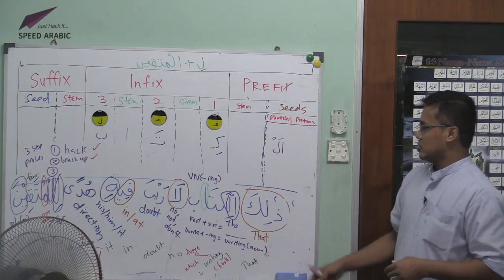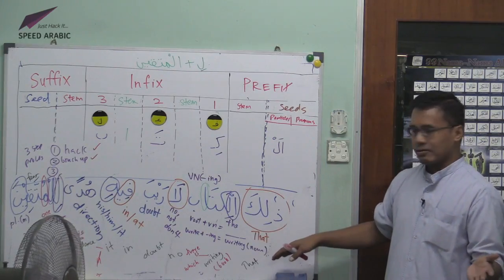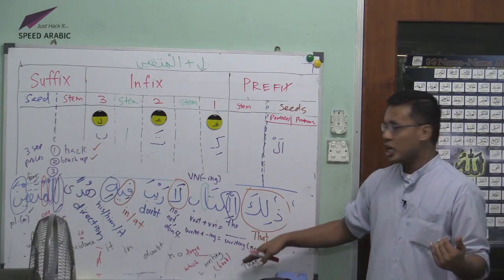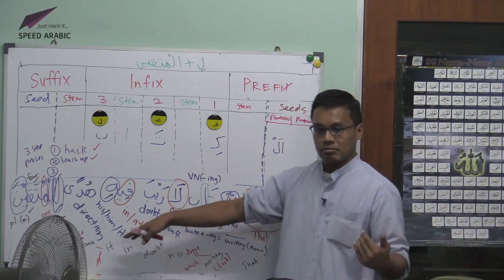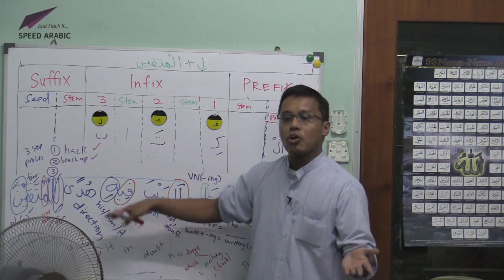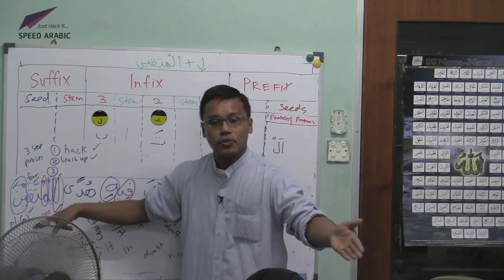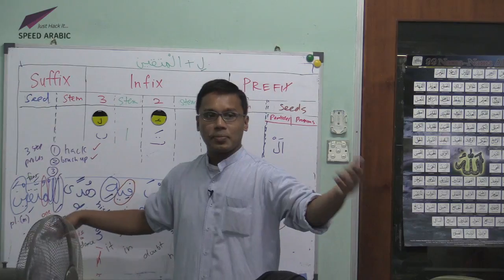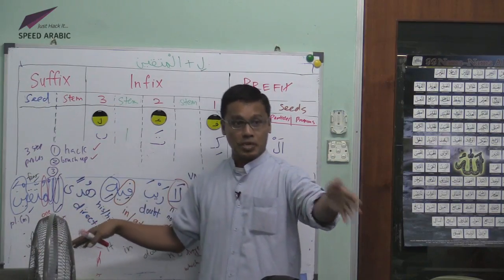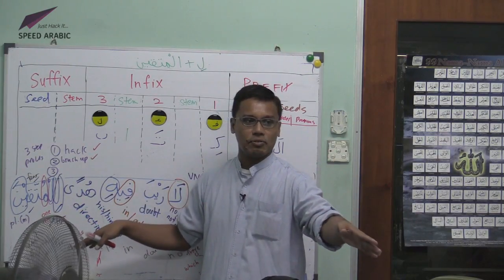Okay? So I will read again. This is the scripture in which there is no doubt. Containing guidance for those who are mindful. Okay, the translator didn't use fear, he uses mindful.